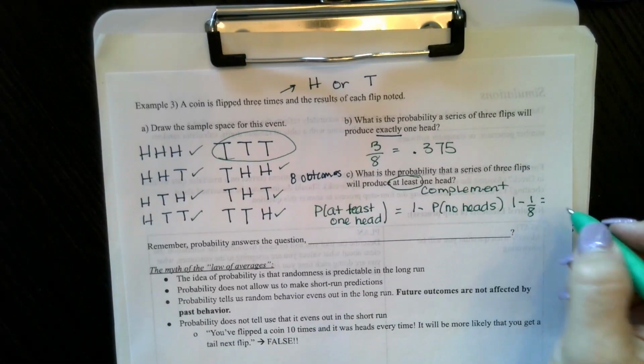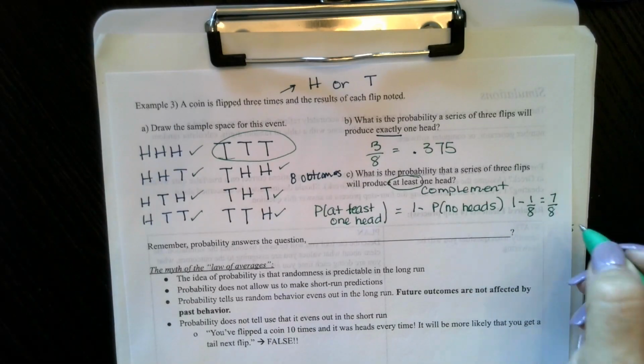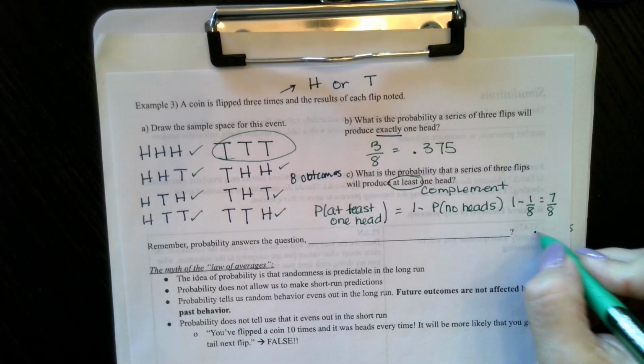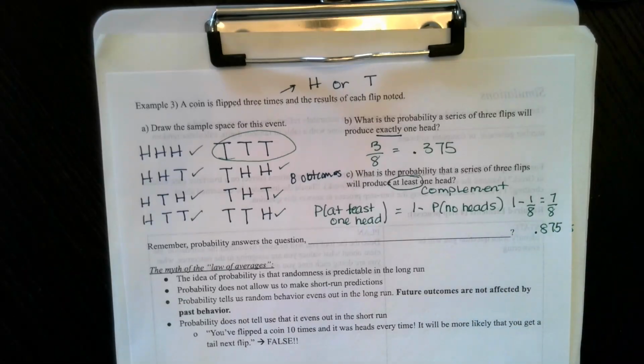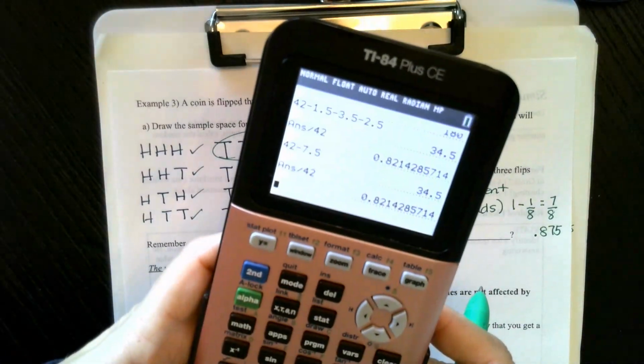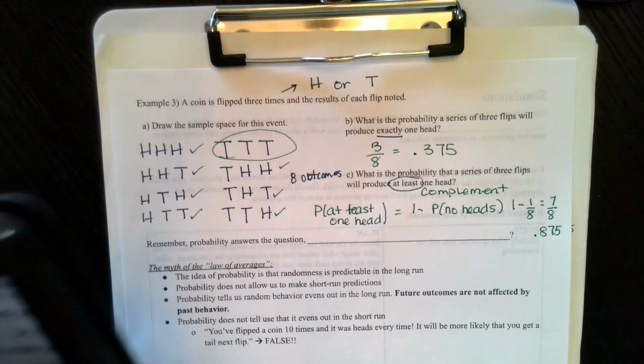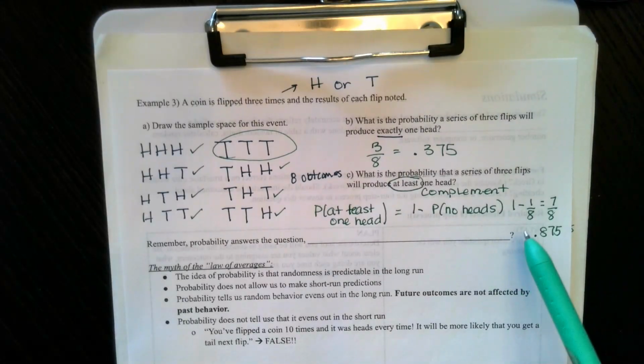So 1 minus 1/8 would give me 7/8. And that is, let's see, 0.875, I think. Hold on, that's my calculator. 0.875.